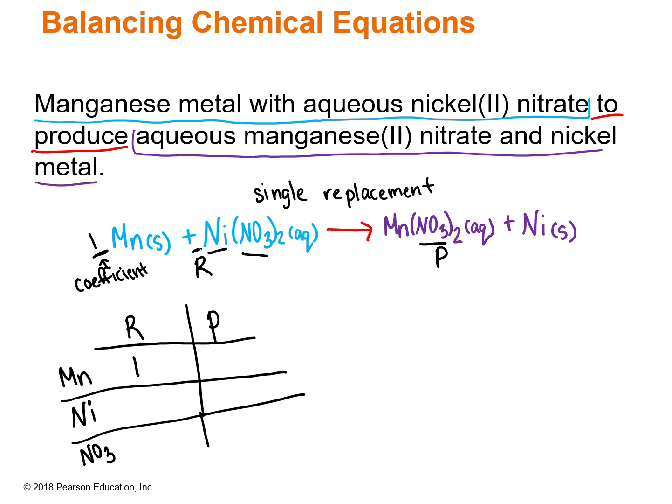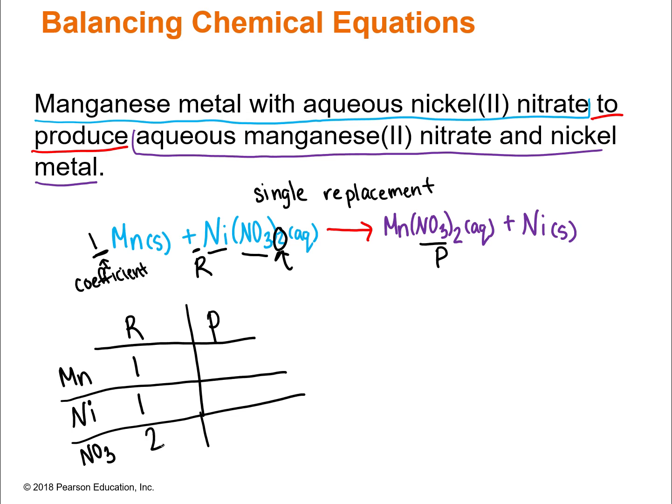Again, there's no coefficient in front of the nickel 2 nitrate. So we're going to assume that we've got 1 of these compounds. That means we have 1 atom of nickel and 2 nitrates.